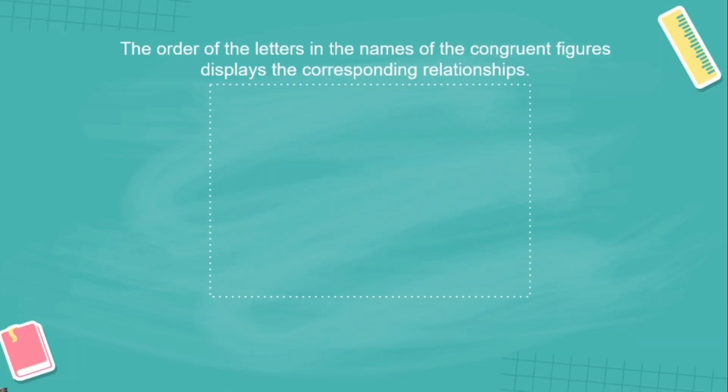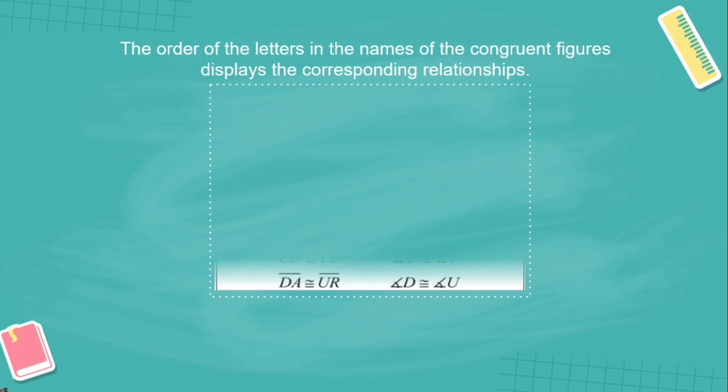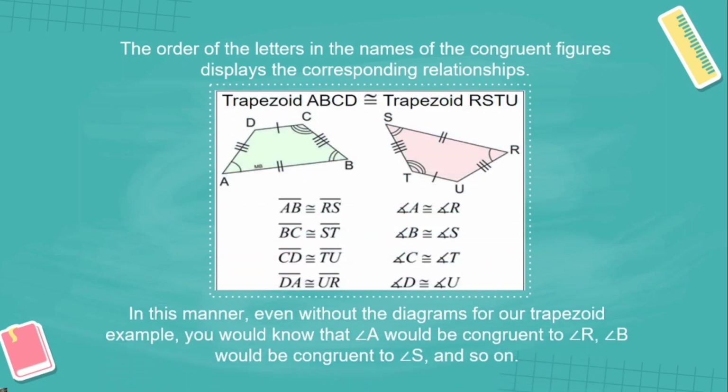The order of the letters in the names of congruent figures displays the corresponding relationships. So in this manner, even without the diagram, for our trapezoid, you would know that angle A would be congruent to angle R, angle B would be congruent to angle S, and so on.